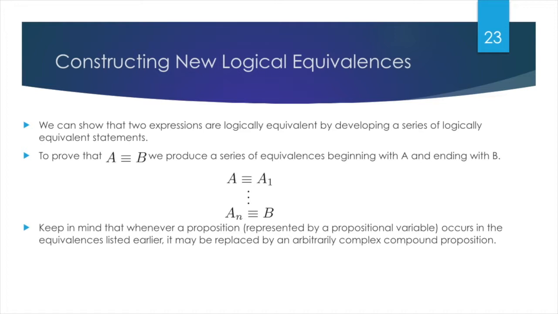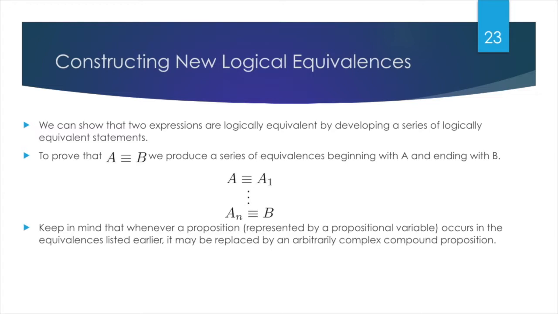So once we have the ability to compound two or more propositional statements, and we have laws to support us to employ those laws in our proof or disproof, we can basically construct a new logical expression. And we can show that two expressions are logically equivalent by building a series of logically equivalent statements.